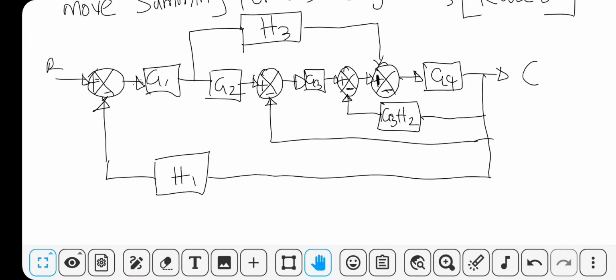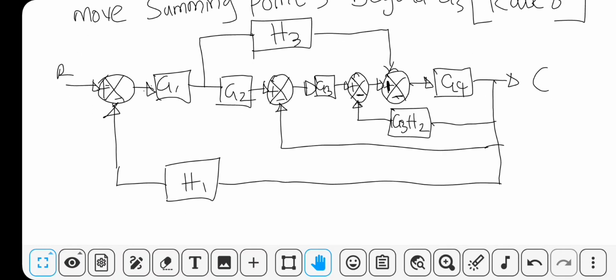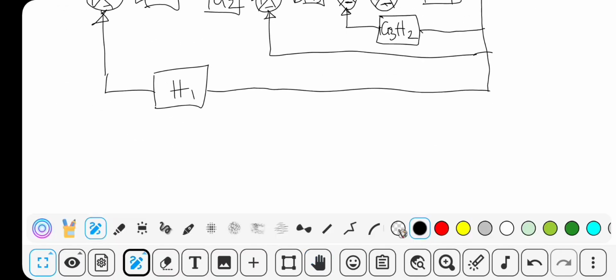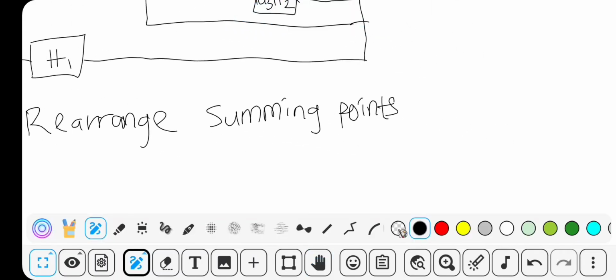So now that we have applied this rule for moving summing points, the next rule we are going to apply is the rule to rearrange summing points. All these rules are just used to simplify the diagram in order to get the transfer function.